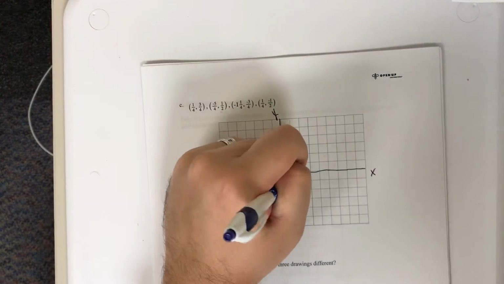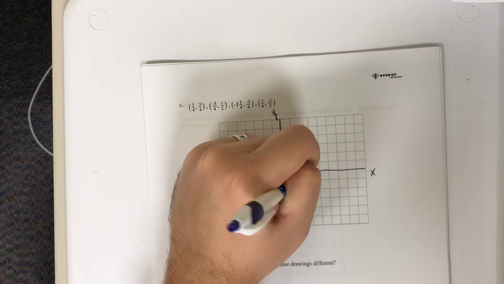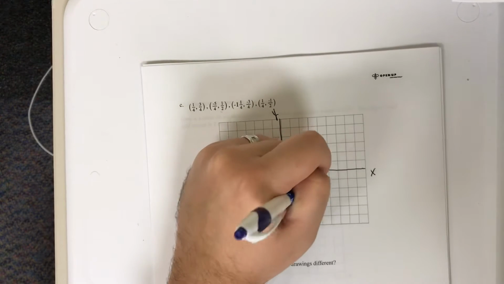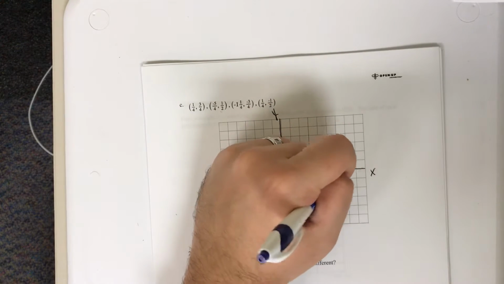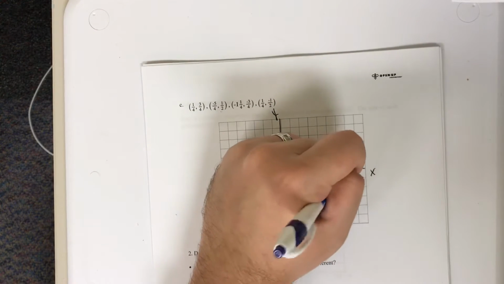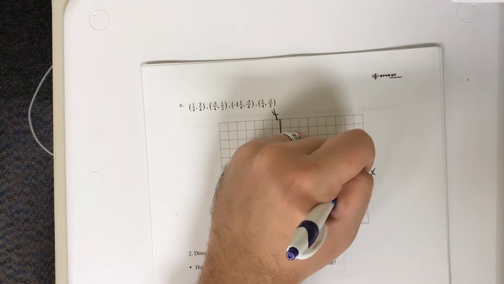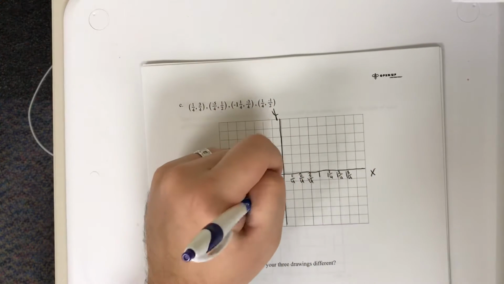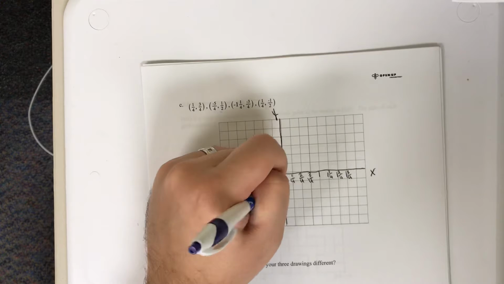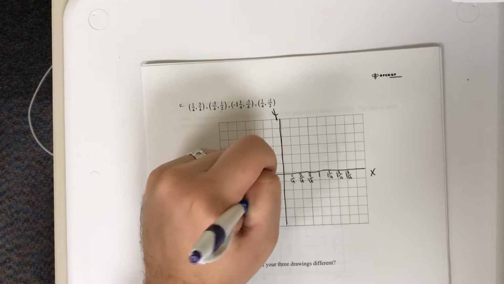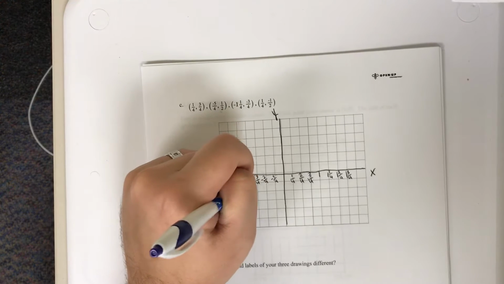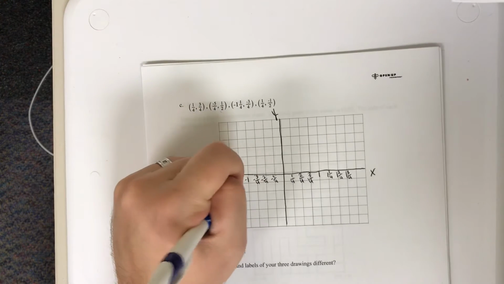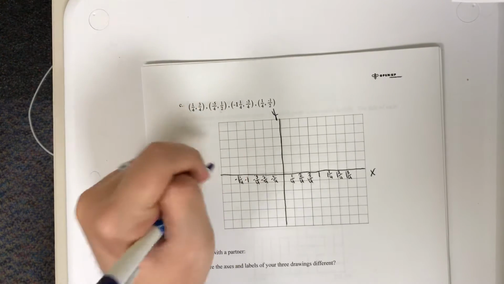This would be 1/4, 2/4, 3/4, 1, 1 and 1/4, 1 and 2/4, 1 and 3/4. You get the idea. -1/4, -2/4, -3/4, -1, -1 and 1/4.